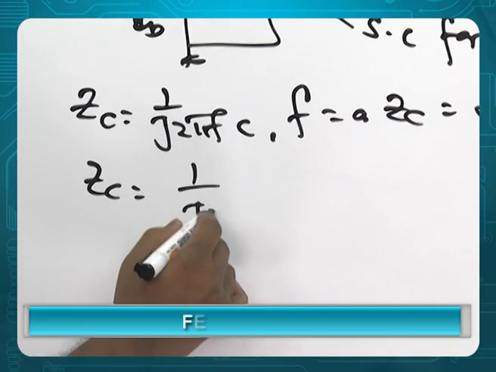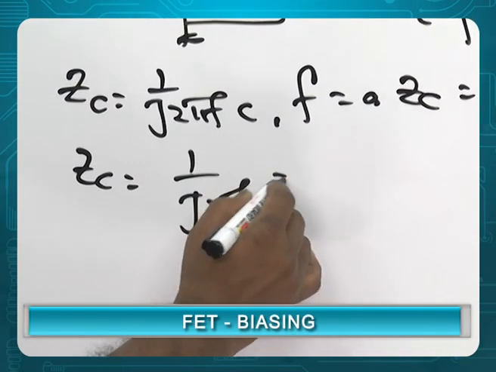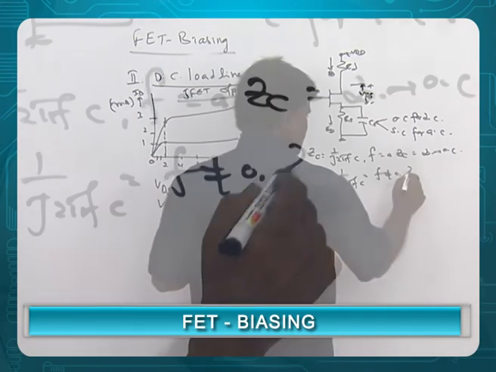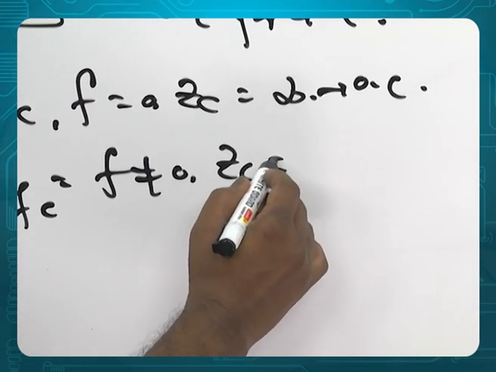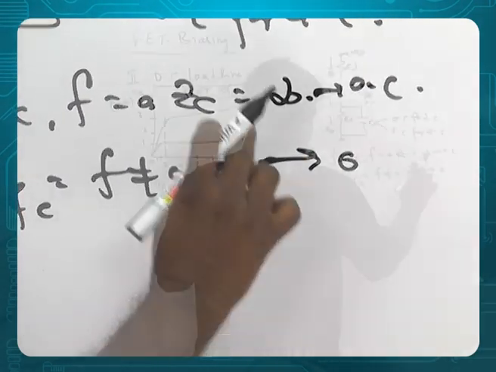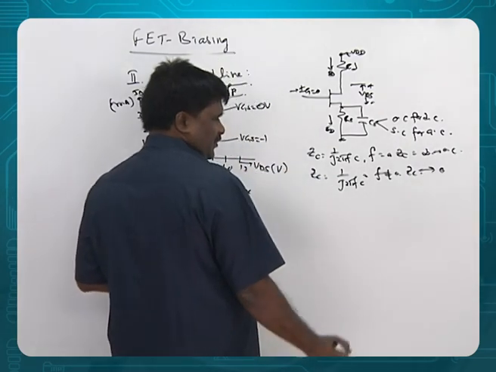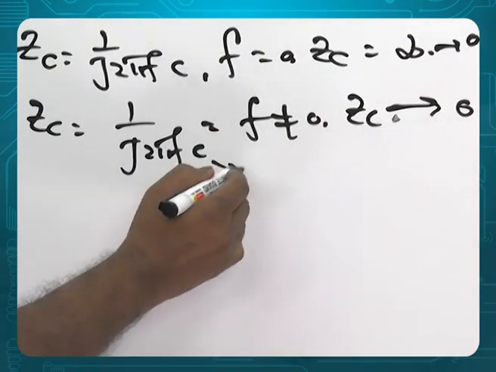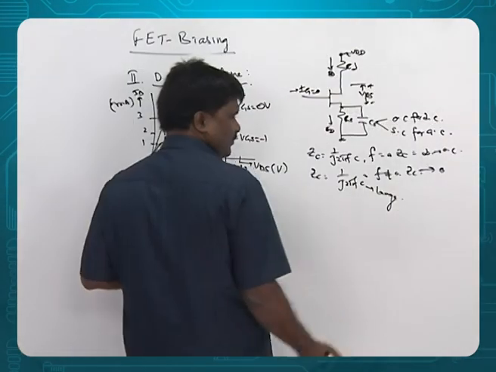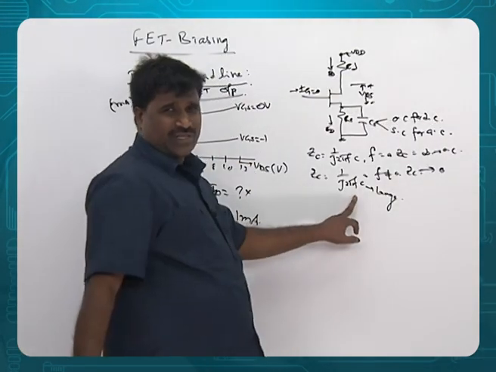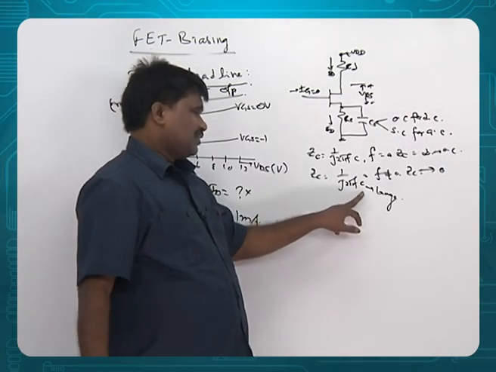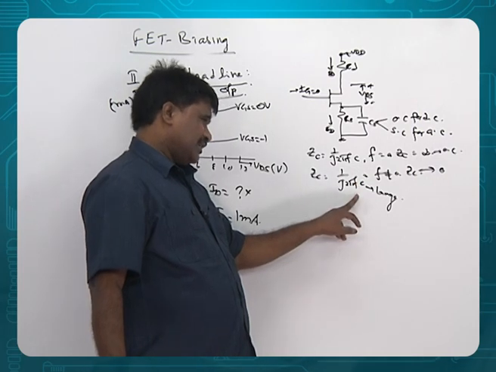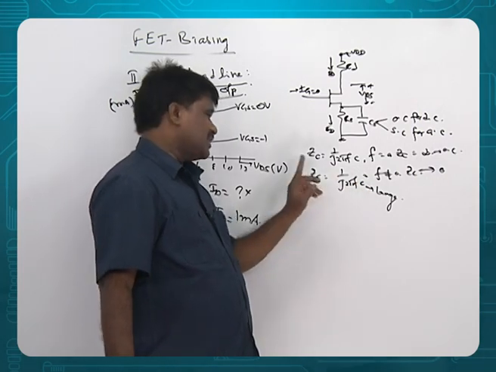Similarly, with 1 by j2πfC, for AC the frequency is not 0, therefore ZC tends to 0. When the frequency is not 0 and C is large, F has to be there and C must be larger to make this smaller.